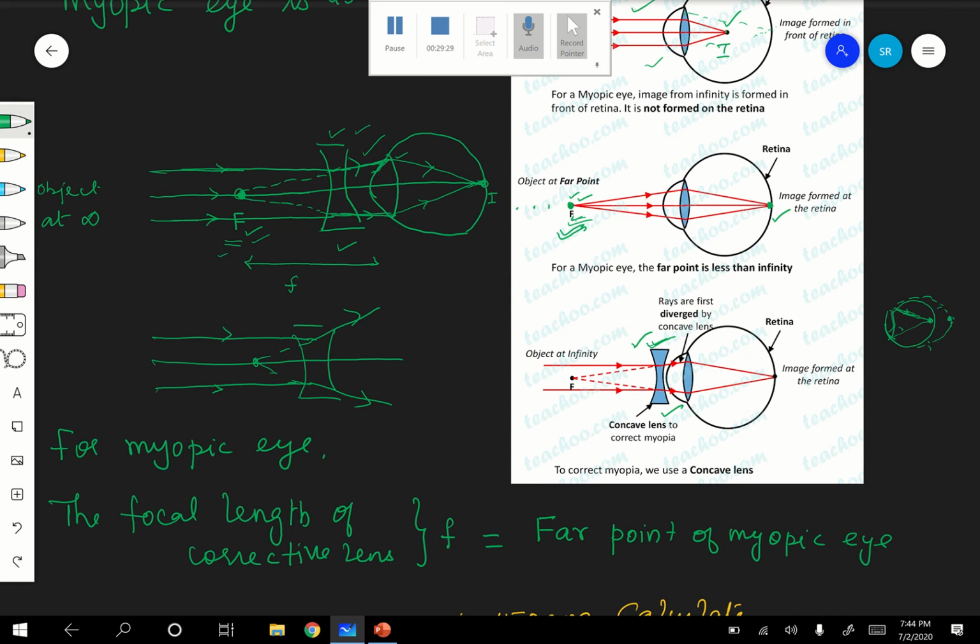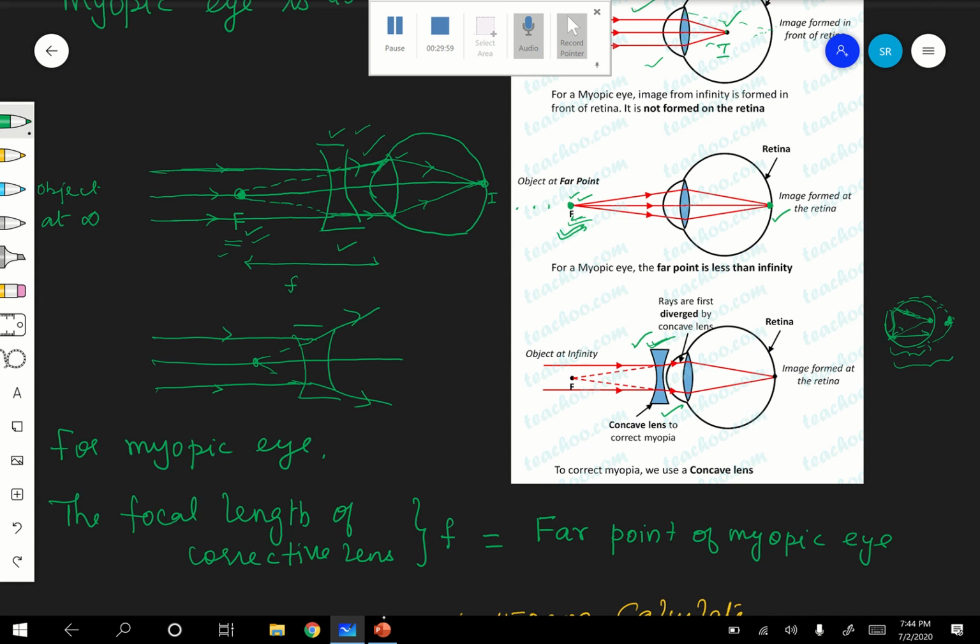Once again, the first one is increase in the size of the eyeball. Therefore, the distance of the retina from the eye lens is increased, correct? The actual distance is this one, but now it has gone behind. The size of the eyeball is increased, so the retina automatically goes behind.